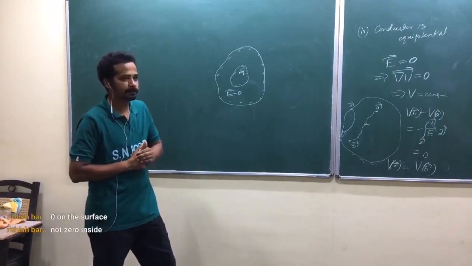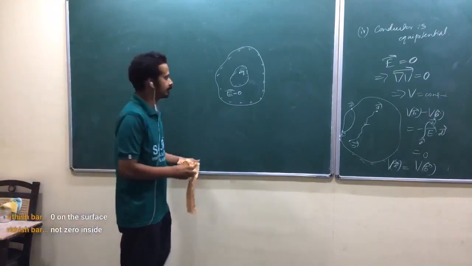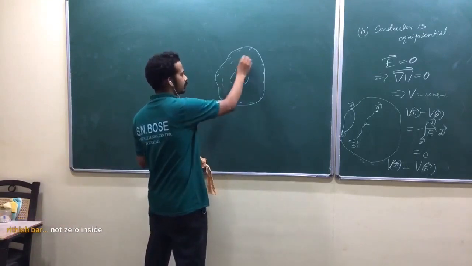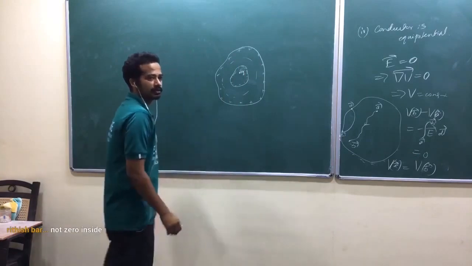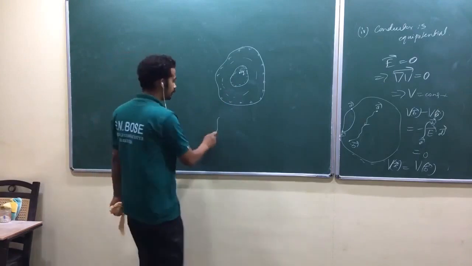Apply Gauss law. The electric field is 0 here, am I right? Whatever Gaussian surface you take, it encloses no charge, because the left hand side is 0.